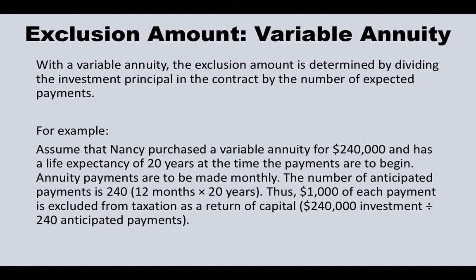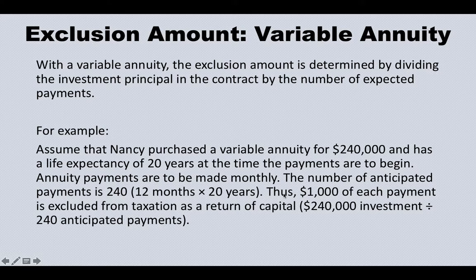She has a life expectancy of 20 years at the time payments are to begin. Annuity payments are to be made monthly. The number of anticipated payments is 240. You can see if your payment is monthly, so 12 months for 20 years, you have 240 payments, right?